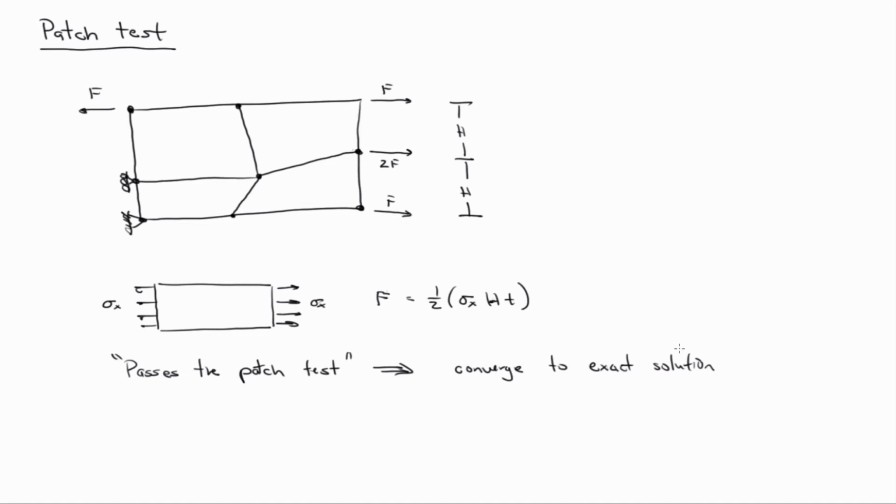Okay, so this is a little numerical experiment that we often use with new discretization formulations, new elements. It's just something quick that we can do to help us understand if we have something that's going to converge.